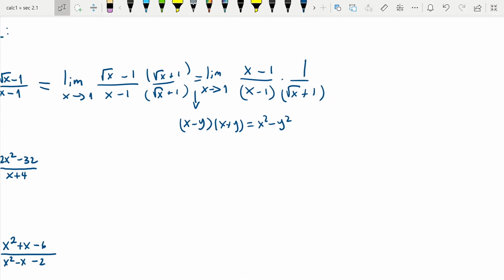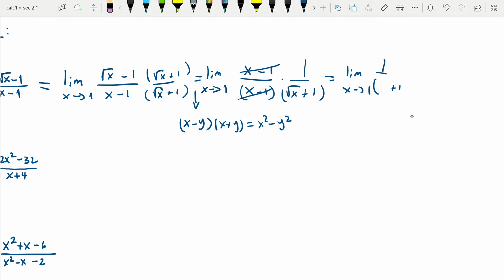So if we continue computing the limit as x approaches 1, remember that whenever we compute limits, x is never allowed to take on the value at which the expression becomes undefined. We can be very close, but not at the point. So x minus 1 is not equal to 0, and we can cancel this and get the limit of 1 over the square root of x plus 1.